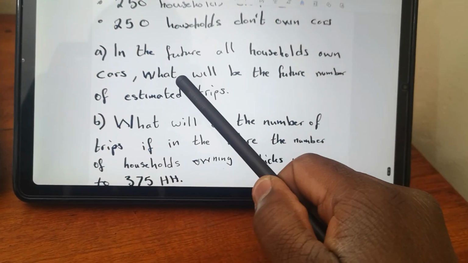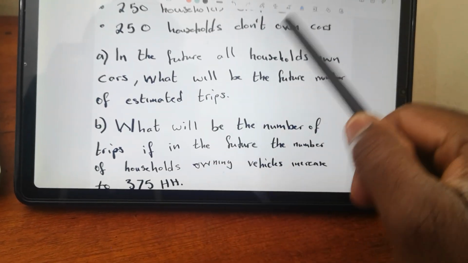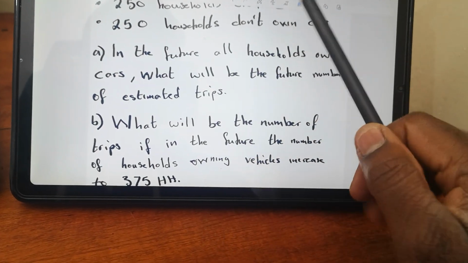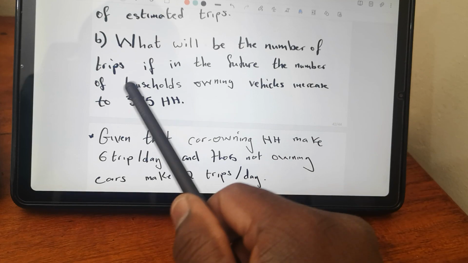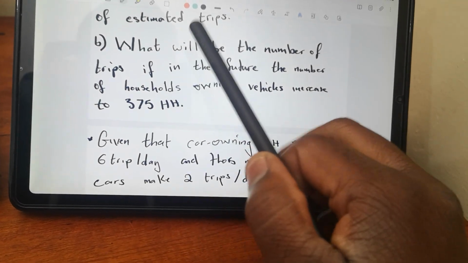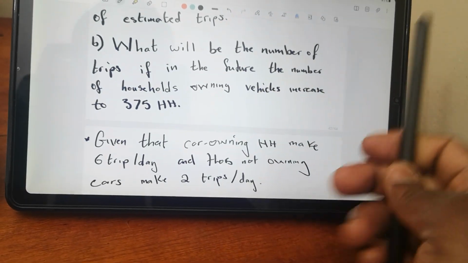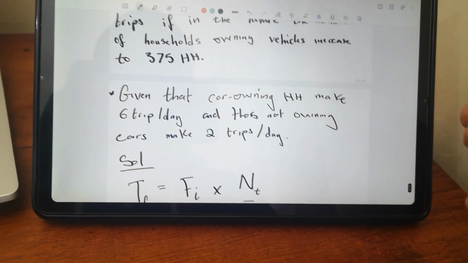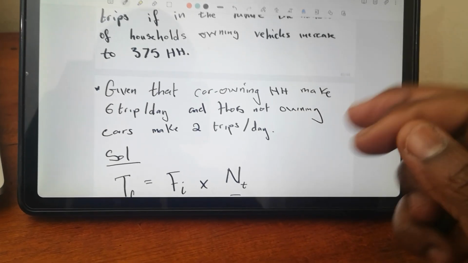In our first question, we look at a condition where all these households begin owning cars, so it increases from 250 to 500. In the other one, only 375 households own cars, so it increases from 250 to 375.